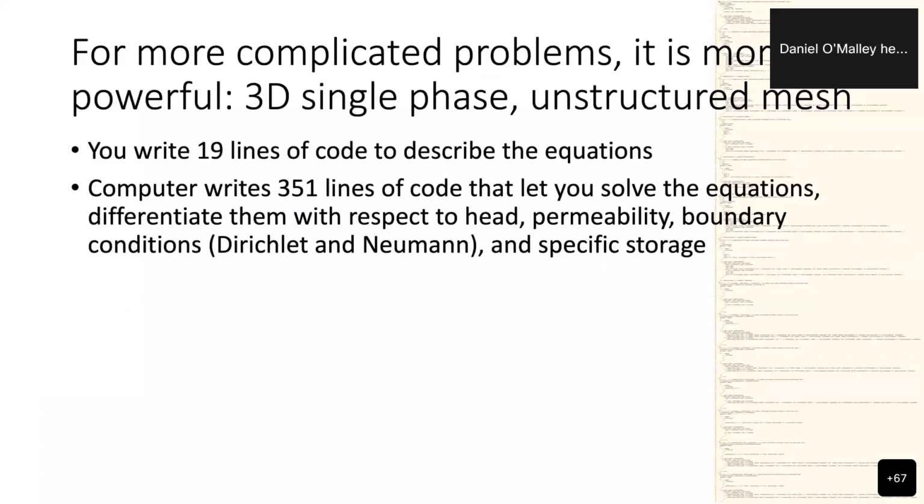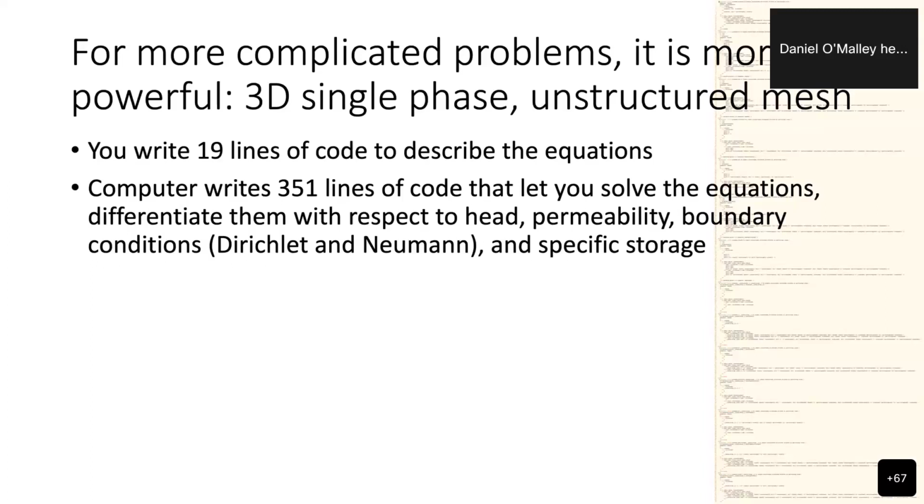And then the computer would take those 19 lines of code and manipulate them and produce 351 lines of code. You can see it on the right side of the screen, in the background. This is the code that would get produced. So the code that the computer writes lets you solve the equations and differentiate them with respect to the head, the permeability, the boundary conditions, and the specific storage.